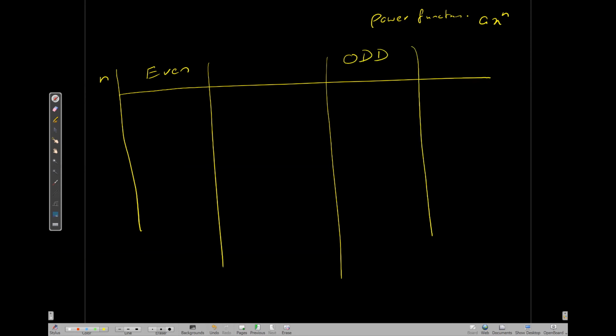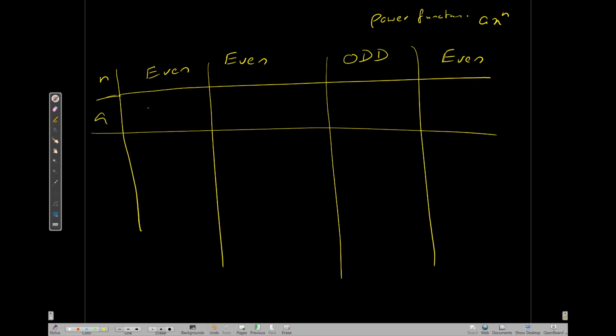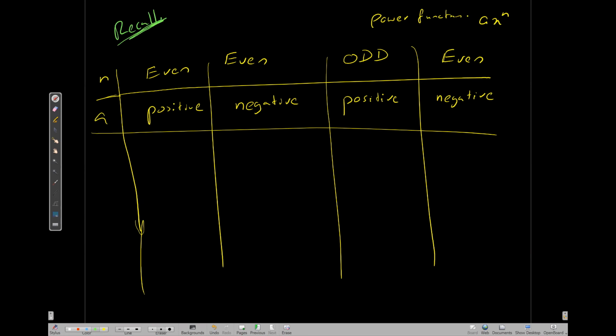But why do we have four columns? Because n can be even and a can be positive or negative, and here also n can be odd and a can be positive or negative. I'm not going to explain everything here, I'm just recalling it for you, so this goes hand in hand with that video.